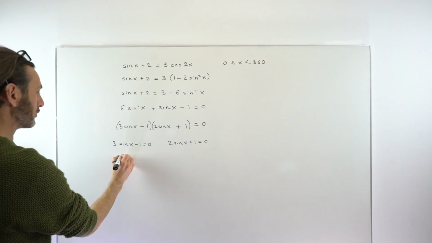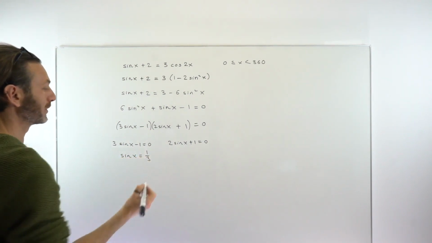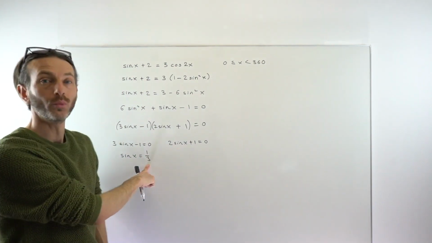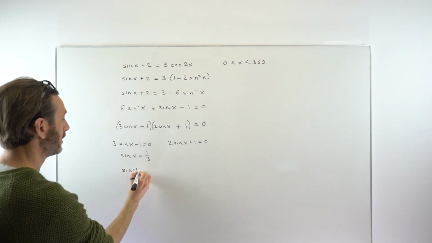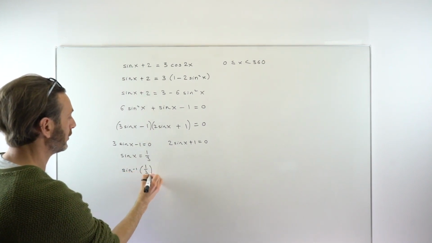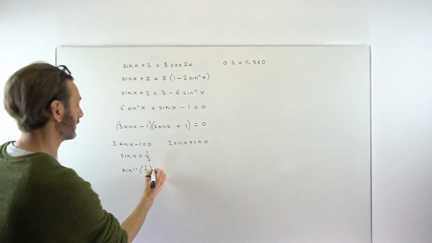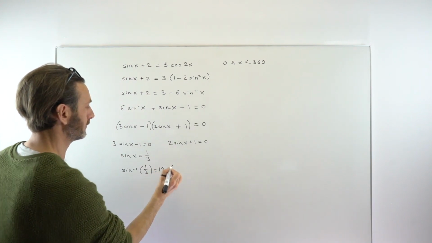So just start by rearranging these equations. In this one, we're going to get sine x equals 1/3. Remember, this is a calculator paper, and this is not an exact value, so we need to use the inverse for that one. So sine inverse of 1/3. We also really should use a CAST diagram to check our solution. I did this one earlier, and this comes out to be 19.5 degrees, I think.